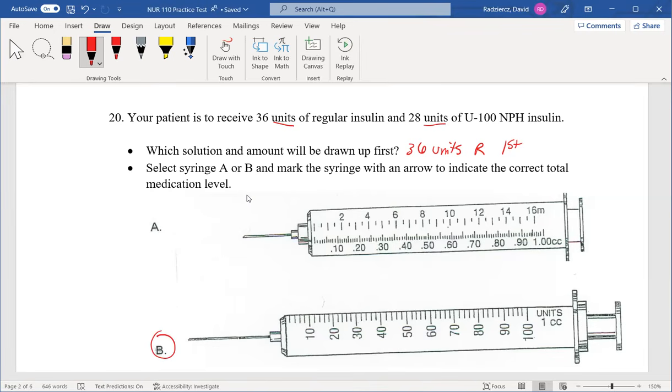Now, previously these were in increments of 1, but notice this is 60, not 61, 2, 3, 4, 5, because then we're at 70. So it's actually 60, 62, 64, 66, 68, 70. Since it's 64, total medication would be at 64 units. Sometimes it asks you to shade it in, so if you did, you could just shade that in.